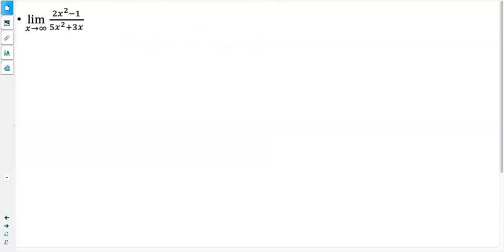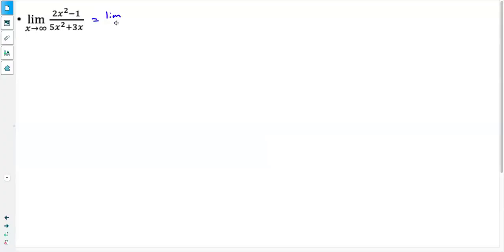Next, we have our limit as x goes to infinity of 2x squared minus 1 over 5x squared plus 3. So once again, we've got a limit that's going to infinity over a limit that goes to infinity. So we'll take the derivative of both the numerator and denominator.